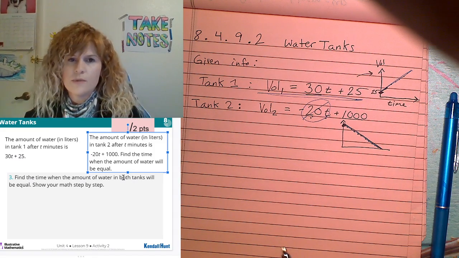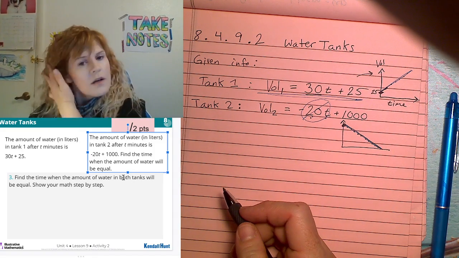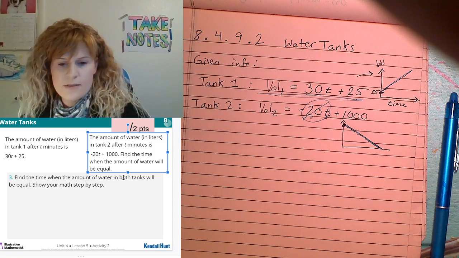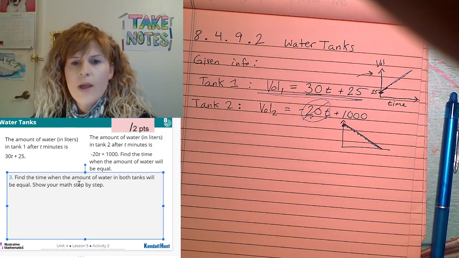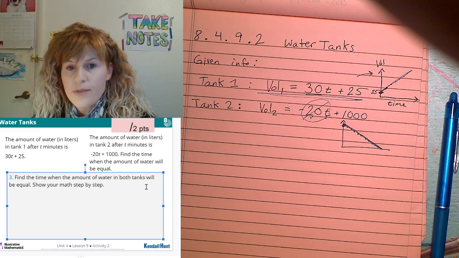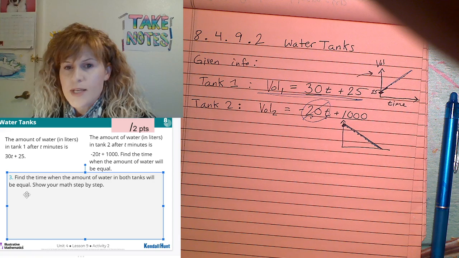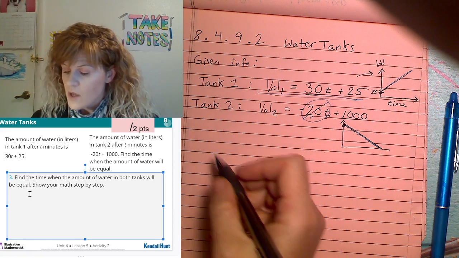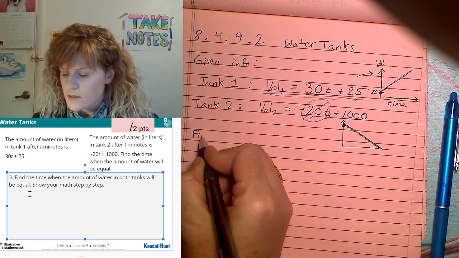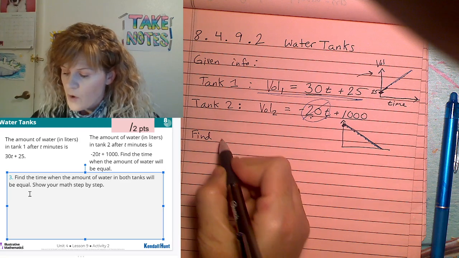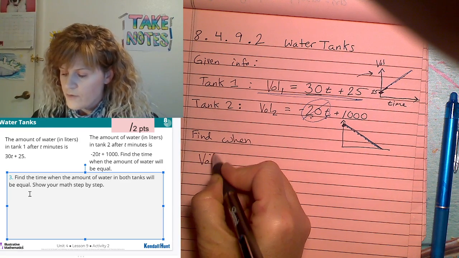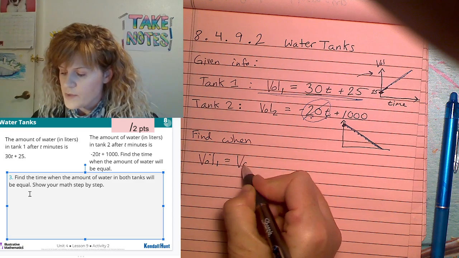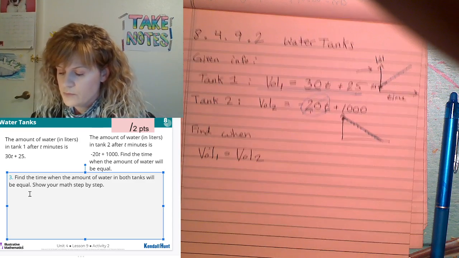Now, what can we do with these equations? Question number 3 says, find the time when the amount of water in both tanks will be equal. That means we want to find, and write this on your paper, when volume 1 equals volume 2.